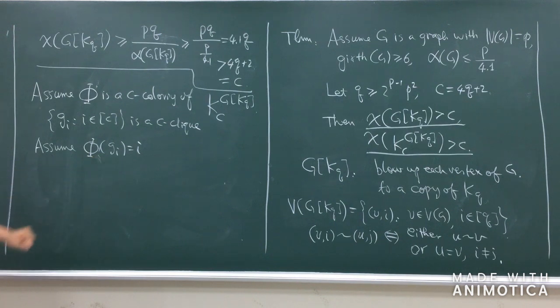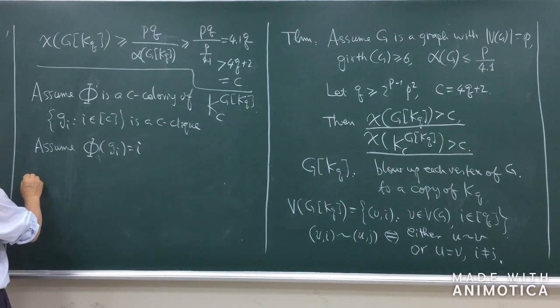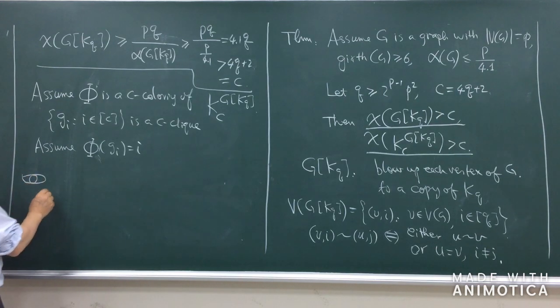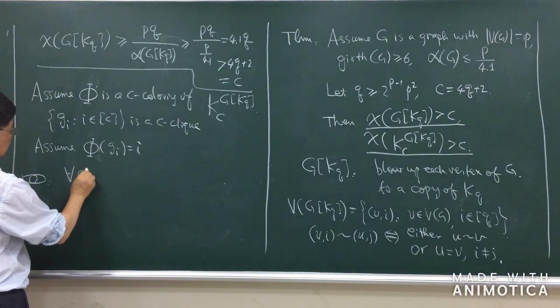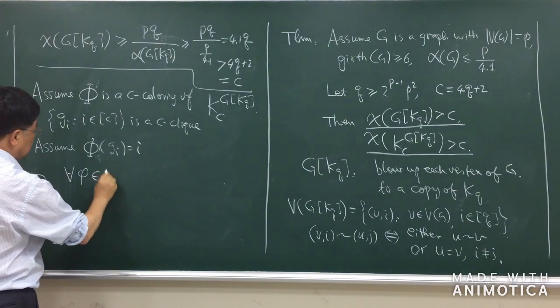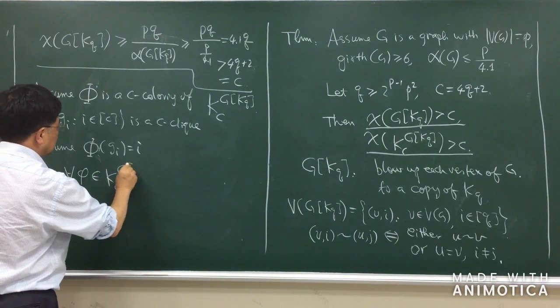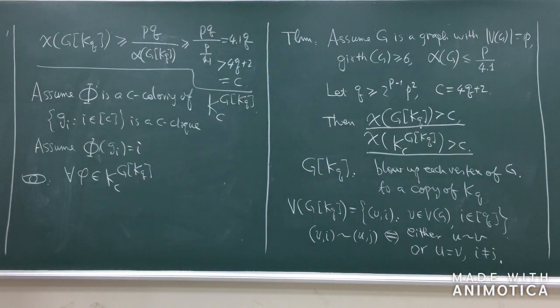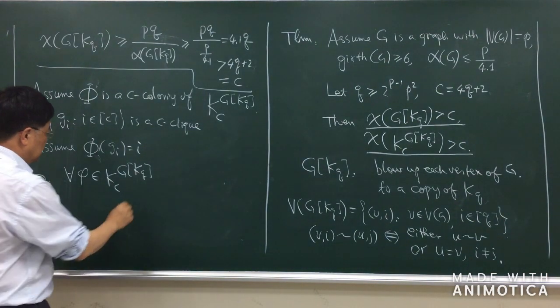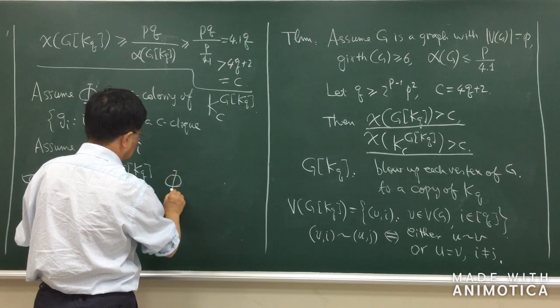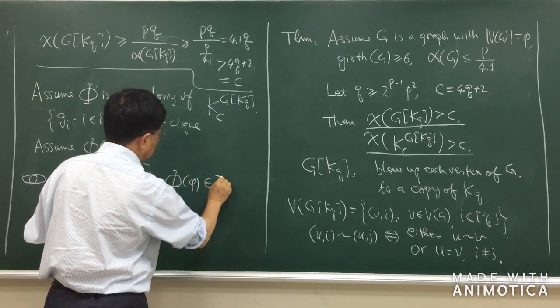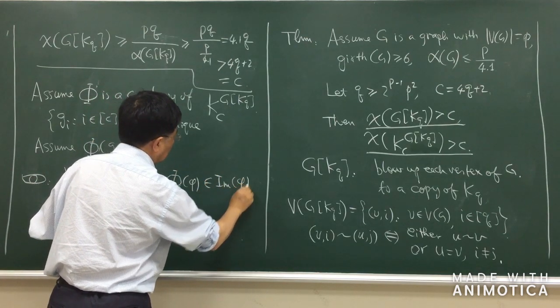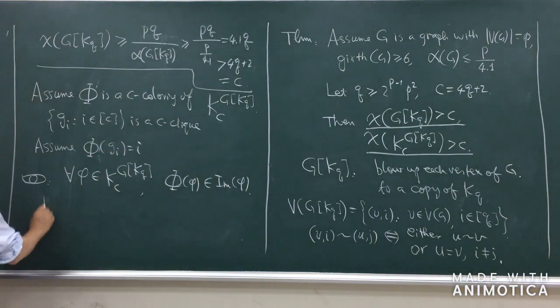Okay. So then there's another observation: for every map phi corresponding to this K_C, G, K_Q, every vertex of this exponential graph, the color of this map is in the image. This is true. Let's write the proof here.